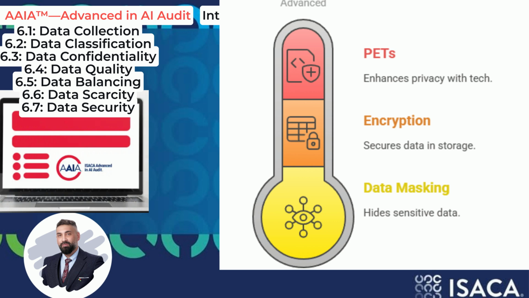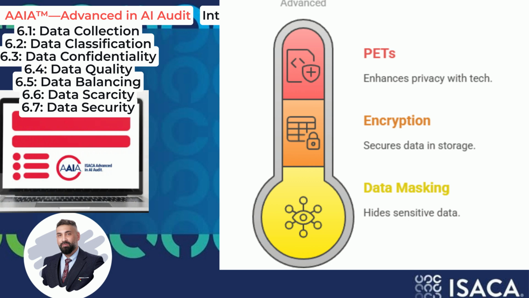Secure data storage and environments. Ensure that data, especially sensitive training data and models, is stored in secure environments with hardened infrastructure and appropriate physical and logical security controls. Data masking and obfuscation for non-production environments like development or testing. Use data masking or obfuscation techniques to hide real sensitive data while still providing realistic data for development purposes.